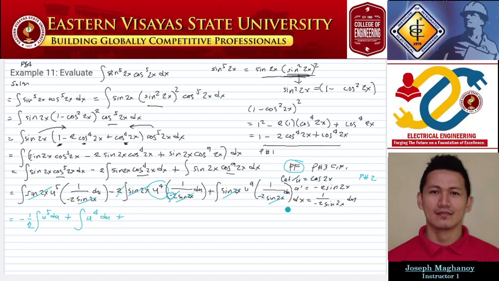Plus here, negative 1/2, so replace our sign, since positive times negative is still negative. So that is negative 1/2 integral of u, your power 9, du. Okay, so you can proceed with your power formula.